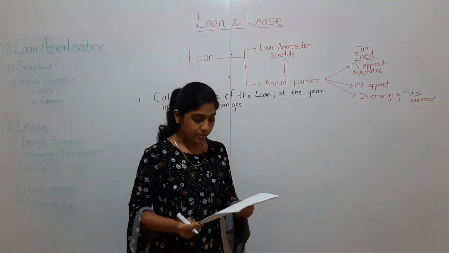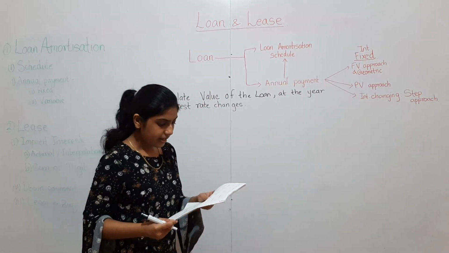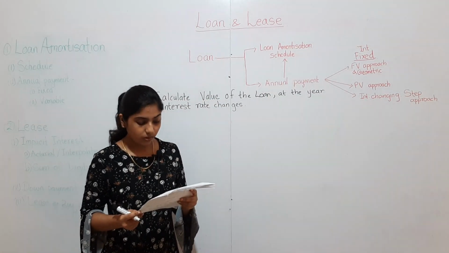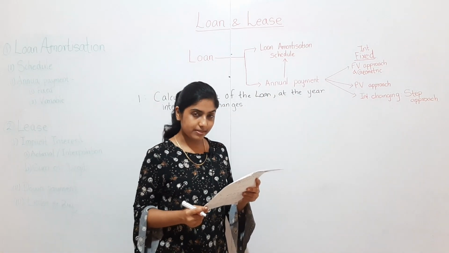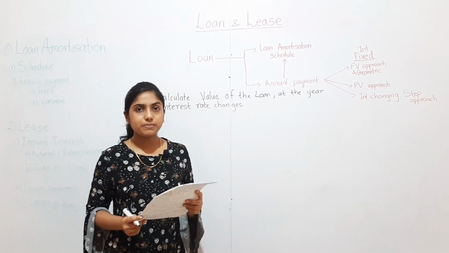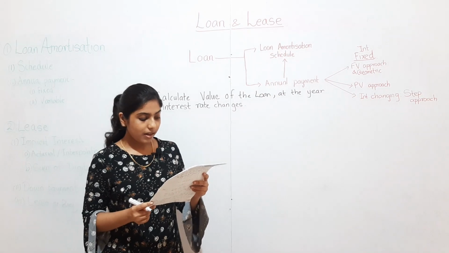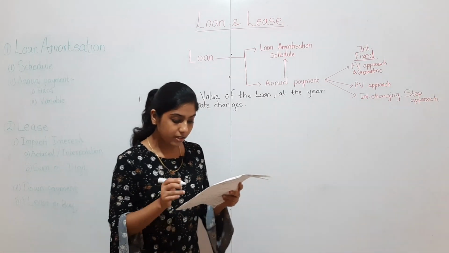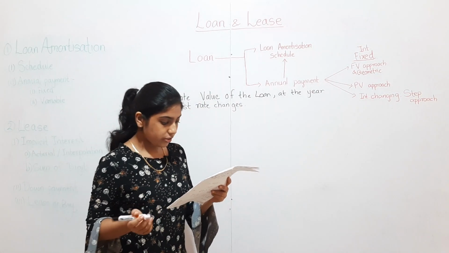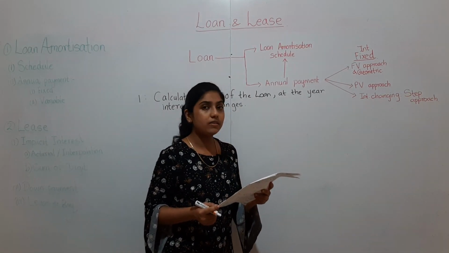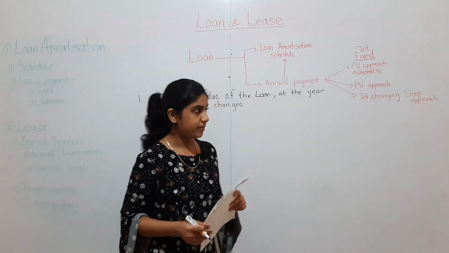So the example says that S has taken out a 30,000 rupees loan over 25 years. Interest was charged at 10% per annum. Assuming after 9 years, interest rate changed to 12% per annum.